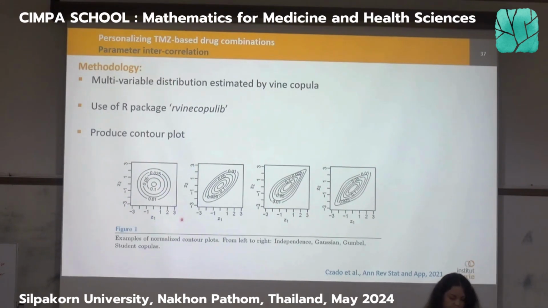And whenever you have round circles like this, you can say that the parameters are independent, because basically if you take one value of Z1, you can have plenty of values of Z2. On the opposite, if you have this type of really sharp distribution, I can draw this.